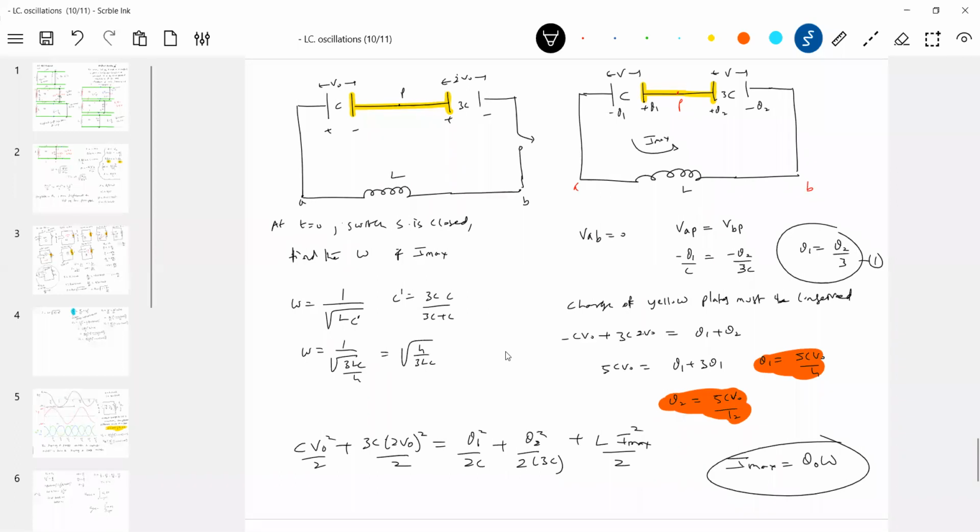Why can't I use directly this? Why am I following this lengthy method? What was the initial charge of the system? We are not very sure how much it is, because two capacitors are there. That's why we are using this method.